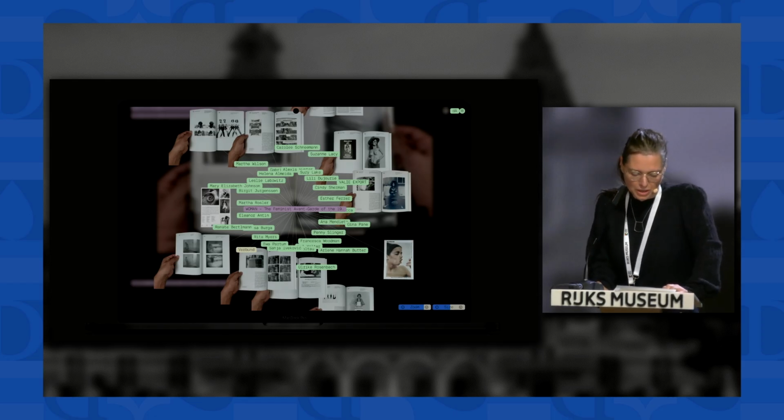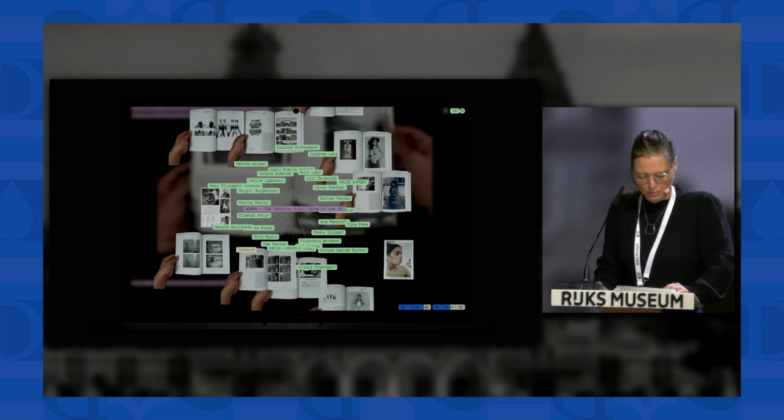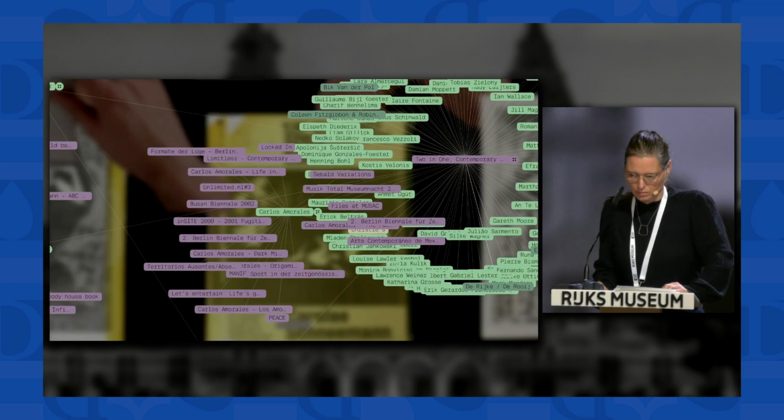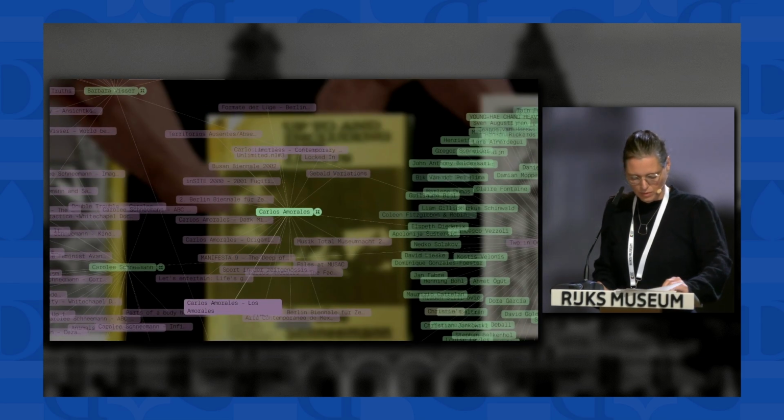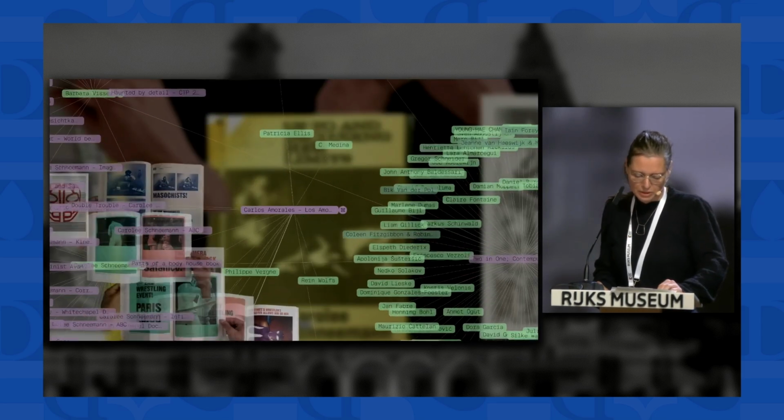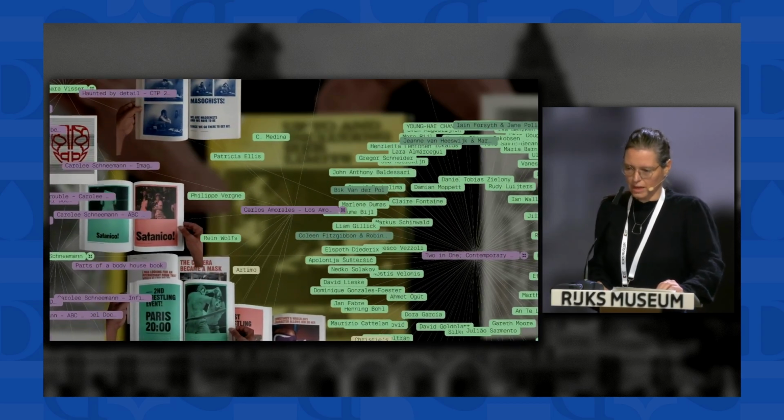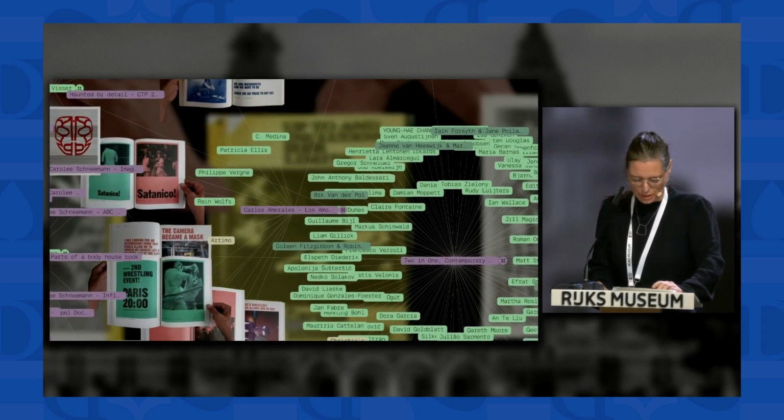The colophon pages are indexed as page types and can also be used to enrich metadata with provenance. And the colors are part of the system, so they stay in every view and also across collections.